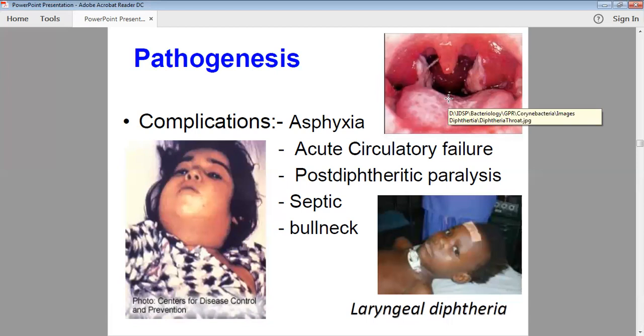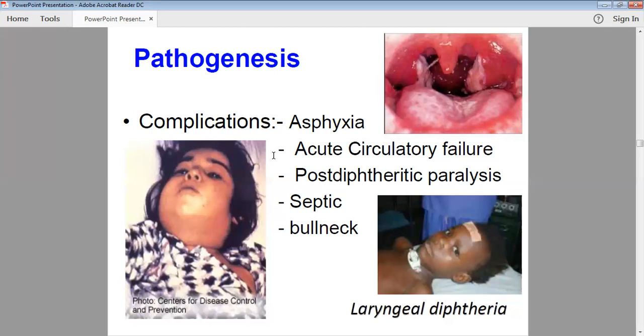Other complications are due to the toxemia. When the bacteria secrete a toxin, the toxin enters the blood, called toxemia, and the commonest site is the myocardium, causing acute circulatory failure. It may also act on the palatine and ciliary nerves, causing paralysis of the muscles supplied by these nerves, known as post-diphtheritic paralysis.